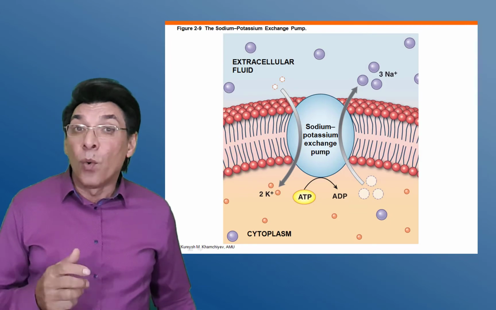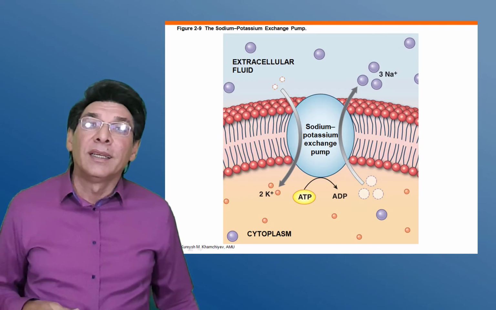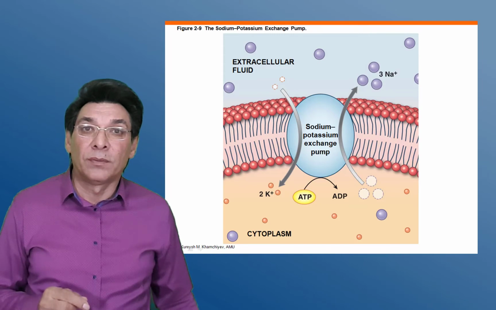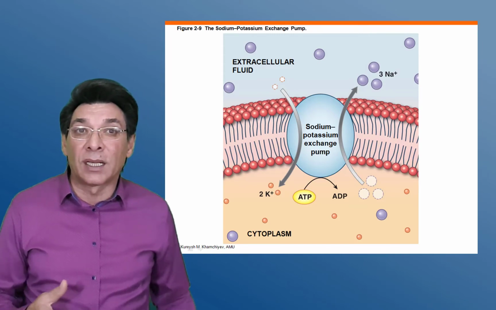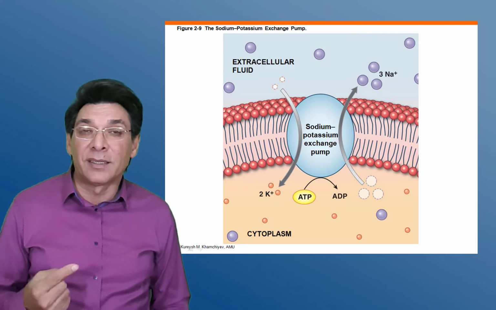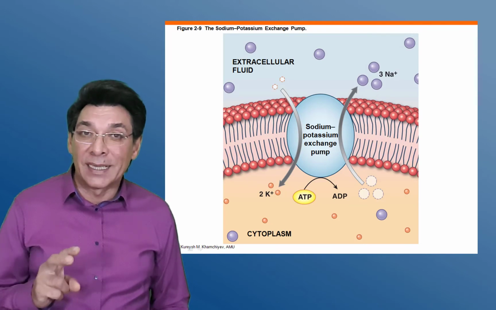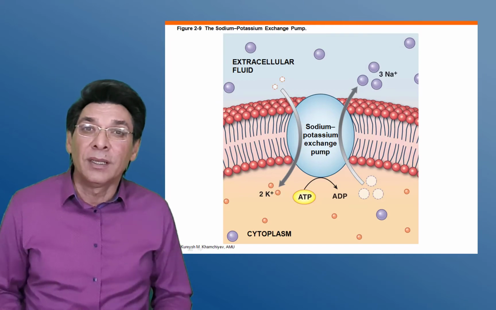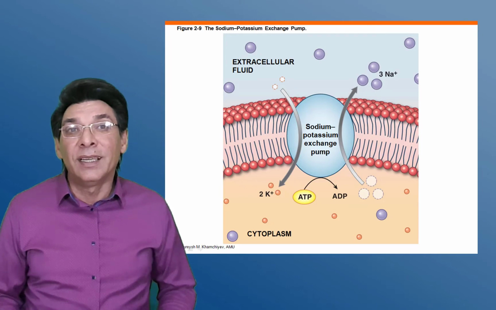Uniport: when a protein moves only one kind of molecule, it's termed uniport. Co-transport: when a protein transporter moves more than one molecule at a time.